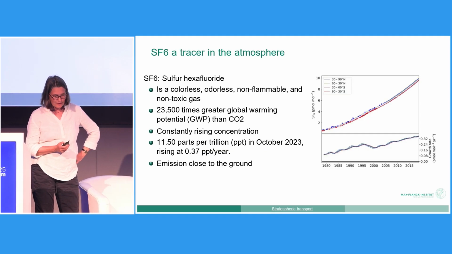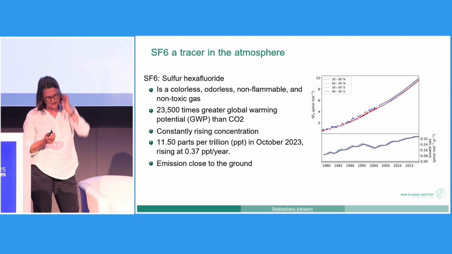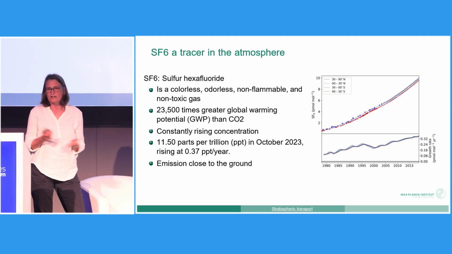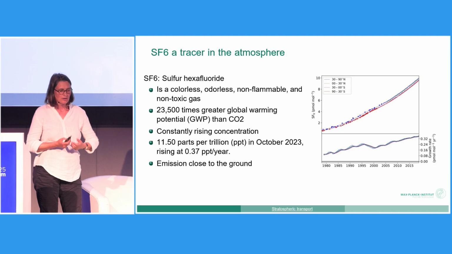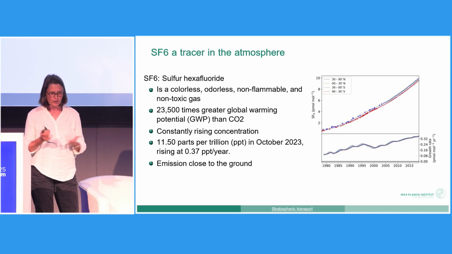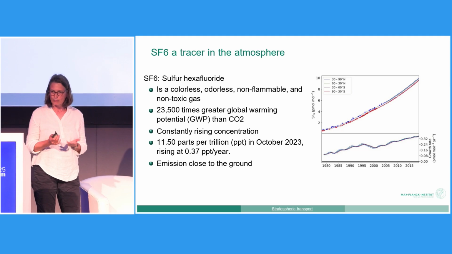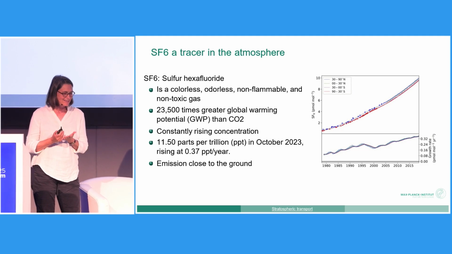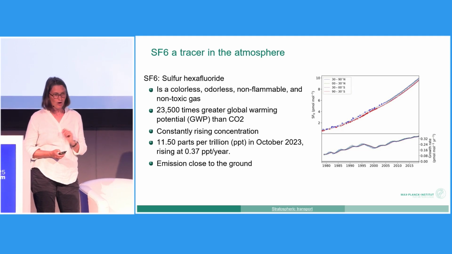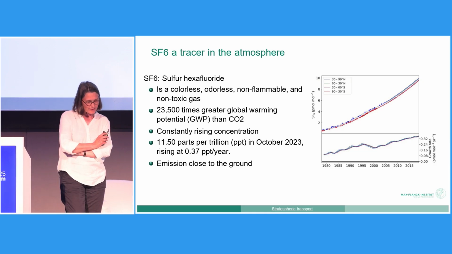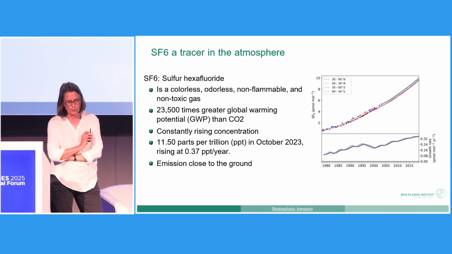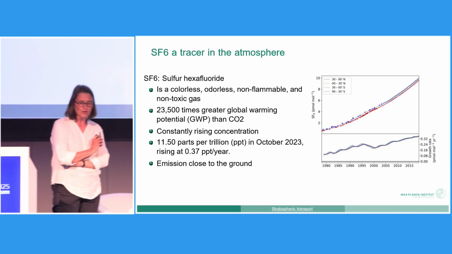SF6 as a gas is perfect for industry: it's colorless, odorless, non-flammable, non-toxic. But it is a very strong greenhouse gas, with 23,000 times greater global warming potential than CO2.